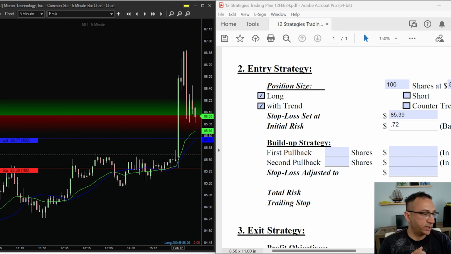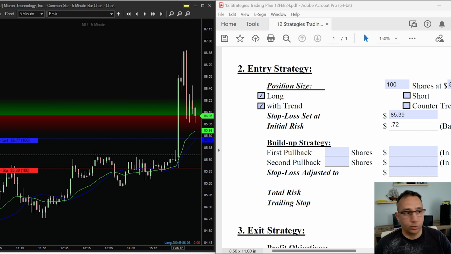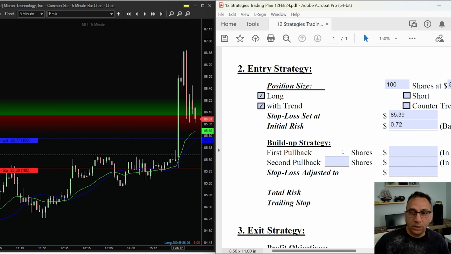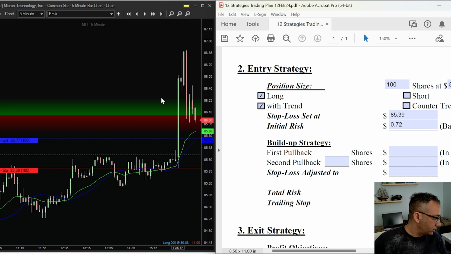Micron hit us with the second order, so we'll go to the build-up strategy. So we took, I would say that's the second pullback, because the first one is right here and the second one is right there. So it's the first pullback after our entry.